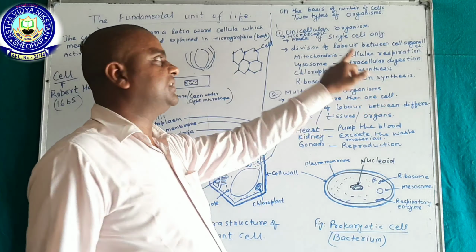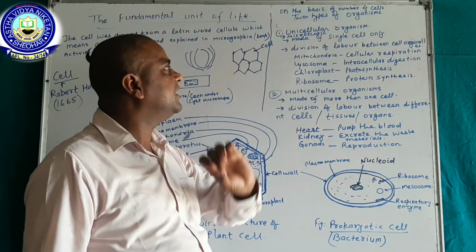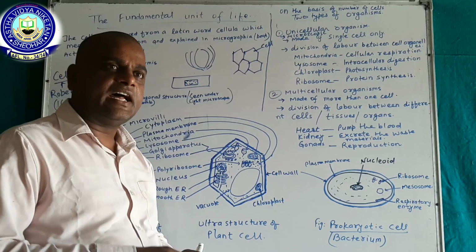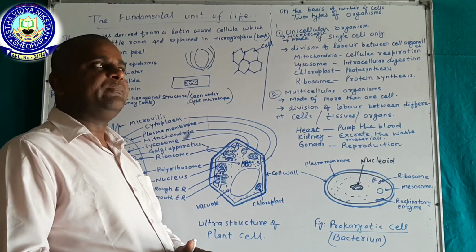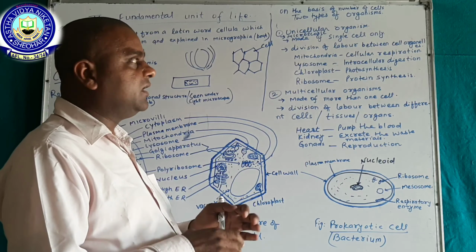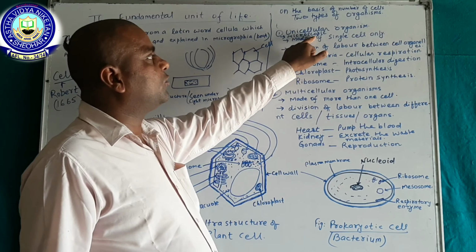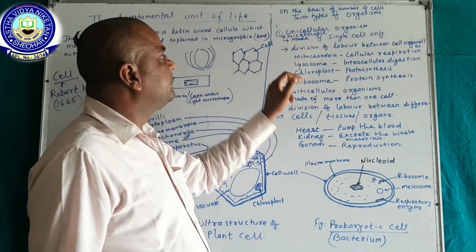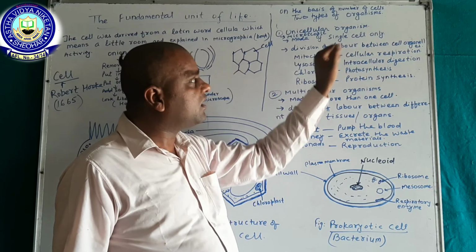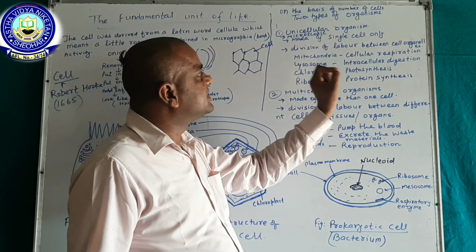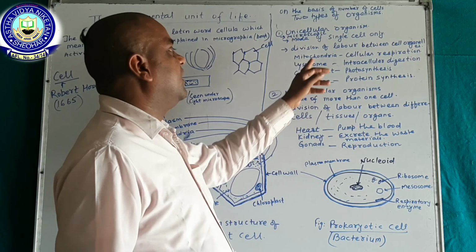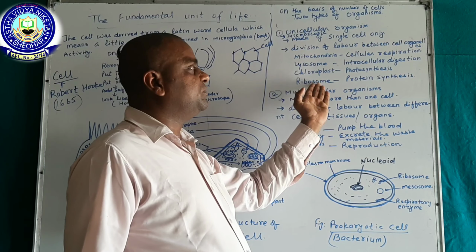First, we discuss unicellular organisms. These are organisms made up of a single cell, and they are microscopic. There is division of labor between cell organelles like mitochondria, lysosome, chloroplast, ribosomes.